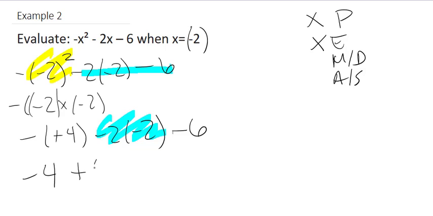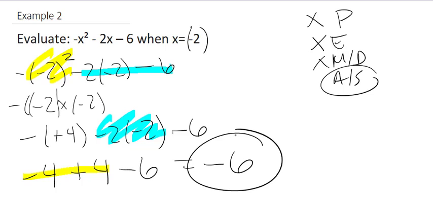So this equals positive 4 minus 6. So now let's do our final step of addition and subtraction. So we have negative 4 plus 4, which equals 0. And then we have minus 6. So our total answer is negative 6.